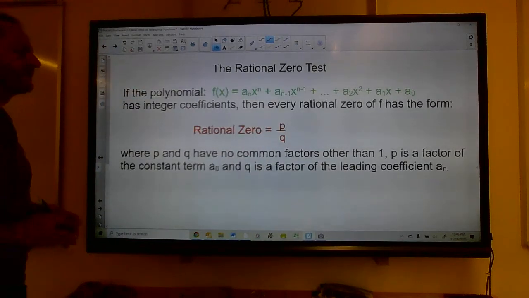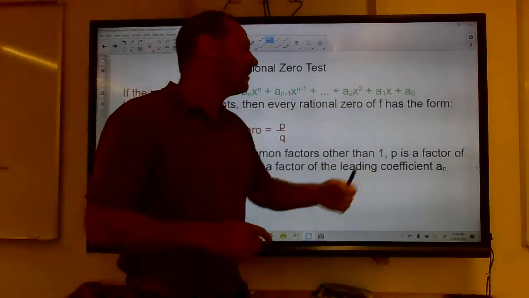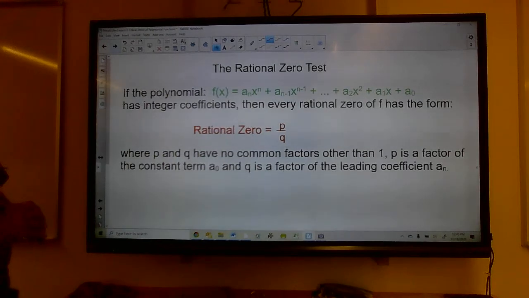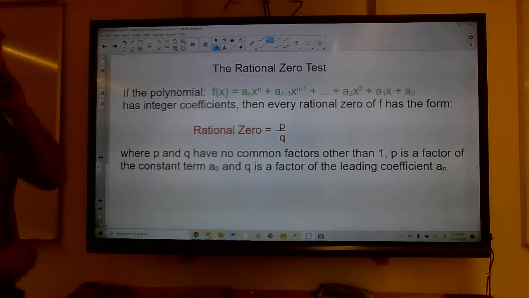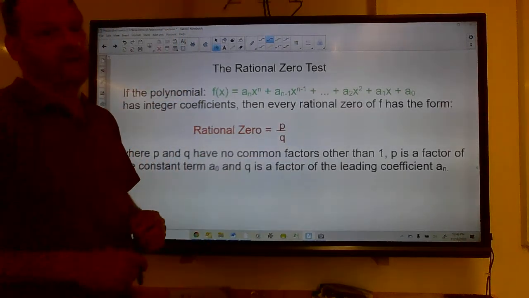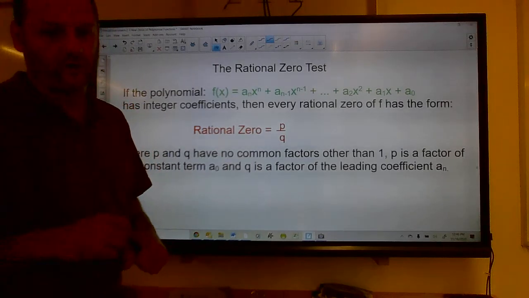Okay, the rational zero test. So let's say you get this big, ugly, long polynomial right here, and it's got integer coefficients. All the a's here are nice integers, like -1, -2, -3, 0, 1, 2, 3.